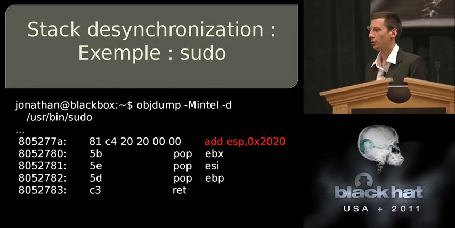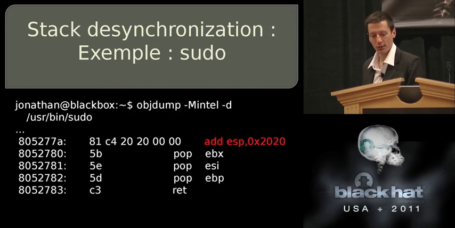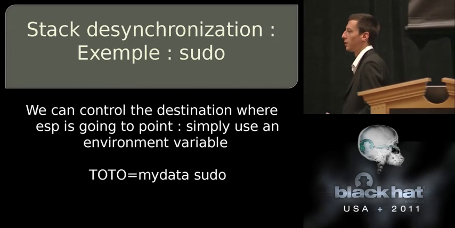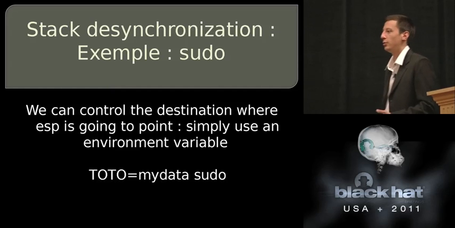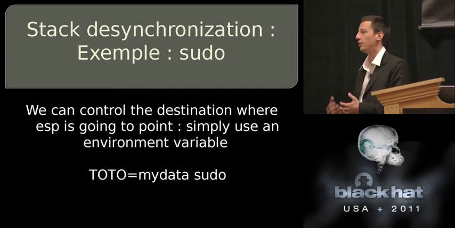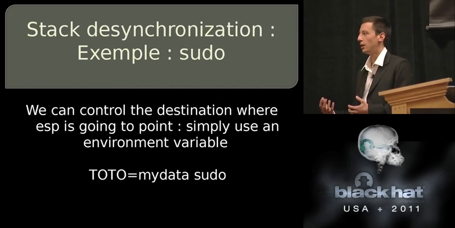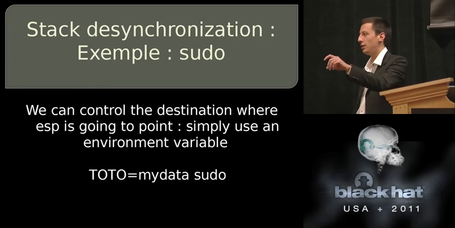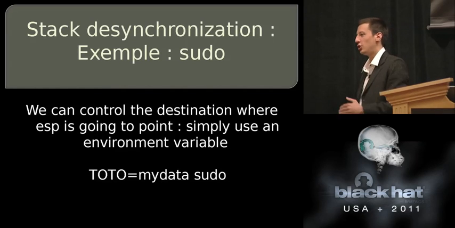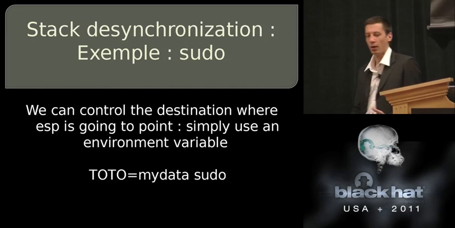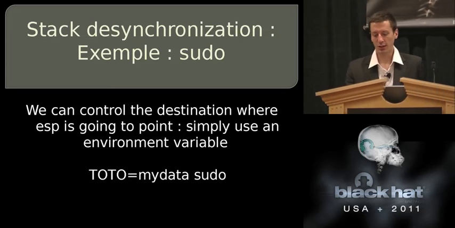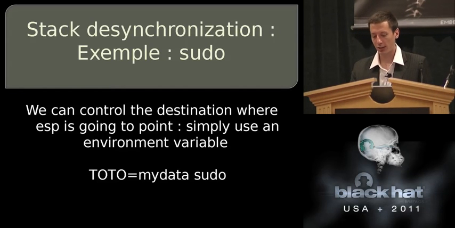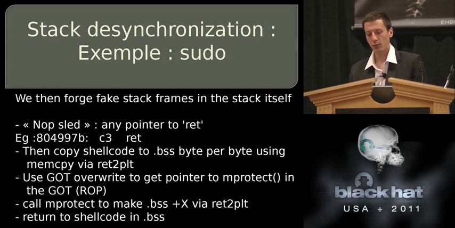What do you find after the normal stack? You find, for instance, environment variables. So if we put our own environment variable with a fake stack frame, when ESP is incremented by returning to a prologue which switches ESP by a lot, we can create our own stack frames inside our environment variable after the stack.